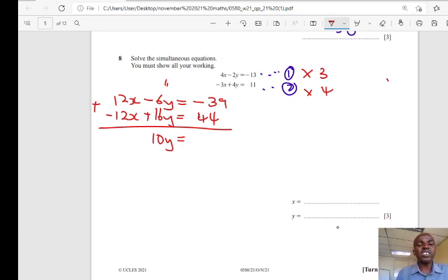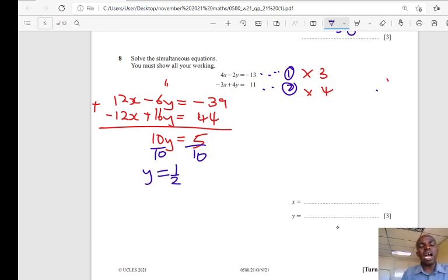You just say 44 minus 39. What is 44 minus 39? You have to be very sure, so sometimes you have to use your calculator. It's positive 5. Then you divide both sides by 10. You get y equals a half.